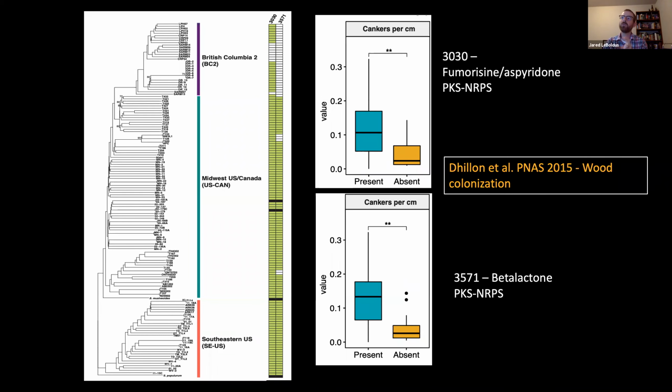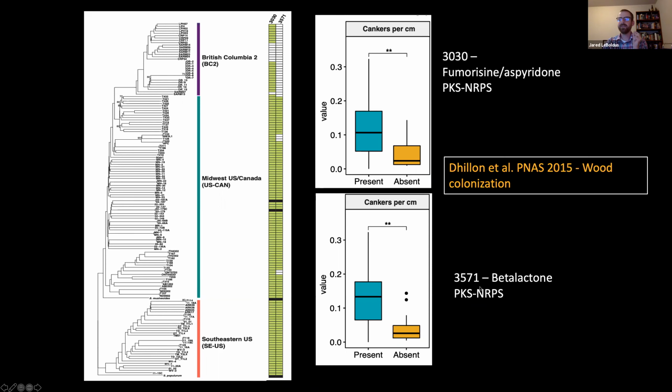Then when we group these 2 by their disease severity and their cankers per centimeter, we actually see a similar pattern, where the individuals who have these clusters present are a lot more aggressive than the individuals who are lacking these clusters. And so here's the predicted annotation for what these 2 clusters do.